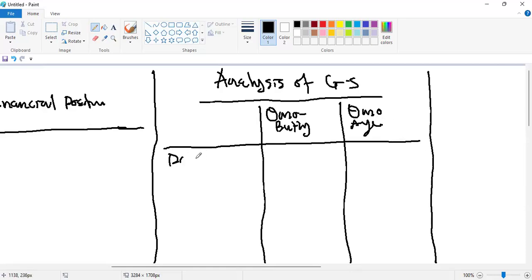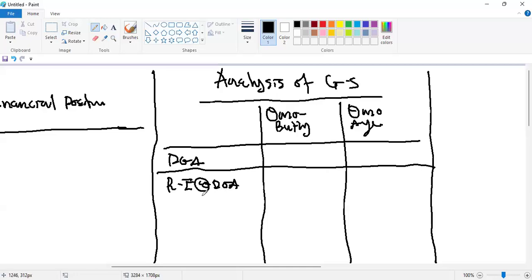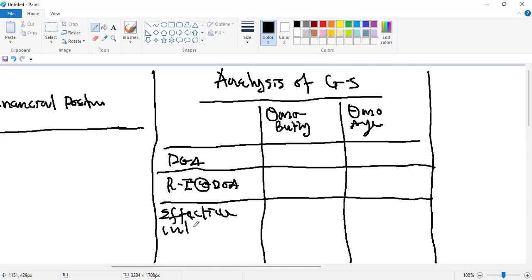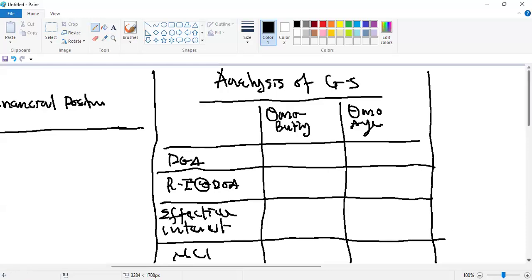Date of acquisition, retained earnings at DOA, effective interest, NCI, then the cost of investments.